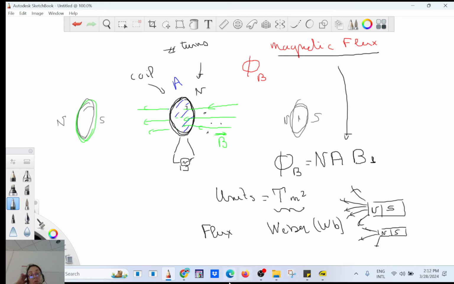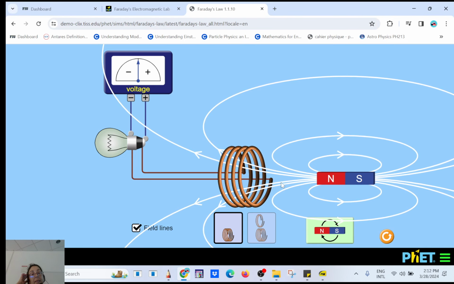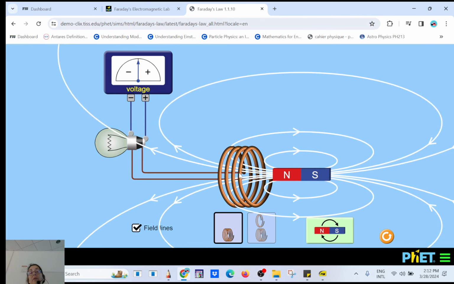Likewise, to go back to my app here, you see those field lines are poking through this area. Maybe it's not a very good example because I want to suppose that the field lines are perpendicular to the area. But you see, you have field lines poking through this area. Do you agree?